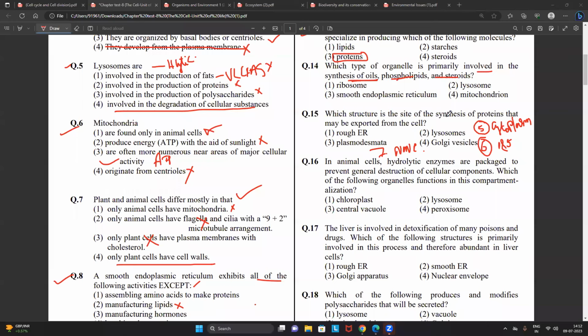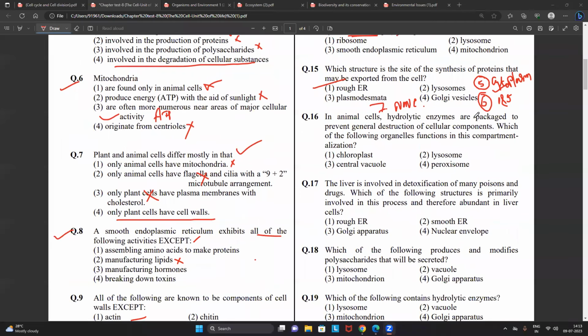Yeah, someone has given the answer. Correct. Both rough endoplasmic reticulum as well as the cytoplasm, because we know very well rough endoplasmic reticulum is studded with ribosomes, so it is involved in the synthesis of protein, as well as the cytoplasm is also involved in the synthesis of protein.